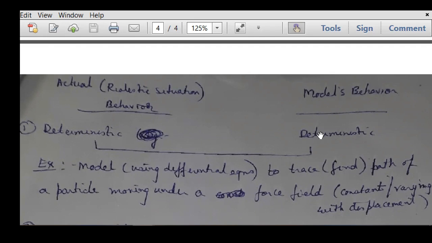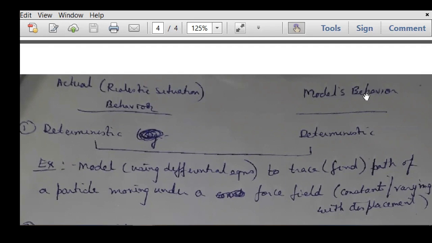So these are the two types of real life behavior which we can encounter, and simultaneously the model's behavior. So the actual realistic situation behavior can be deterministic or indeterministic, and the model's behavior can also be of two types, deterministic or indeterministic. For example, the Monte Carlo simulation is an indeterministic method.